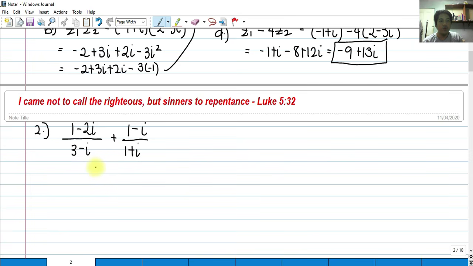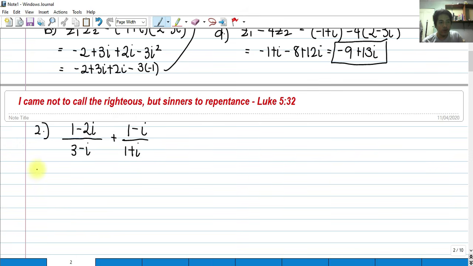We have 1 minus 2i over 3 minus I plus 1 minus I over 1 plus I. So what we are going to do here is, as much as possible, eliminate the denominator containing I. In other words, when solving problems involving complex numbers, we are going to eliminate the I in the denominator. First, I'm going to multiply each term by the conjugate of each denominator.